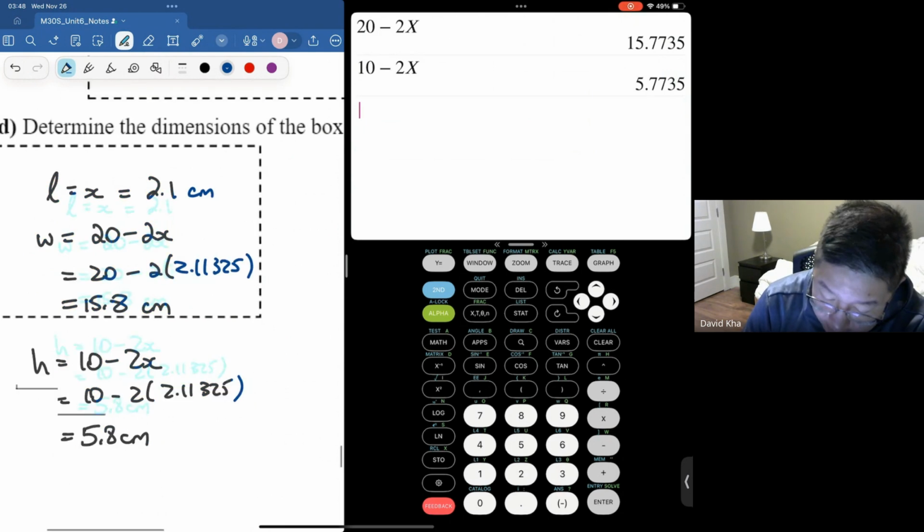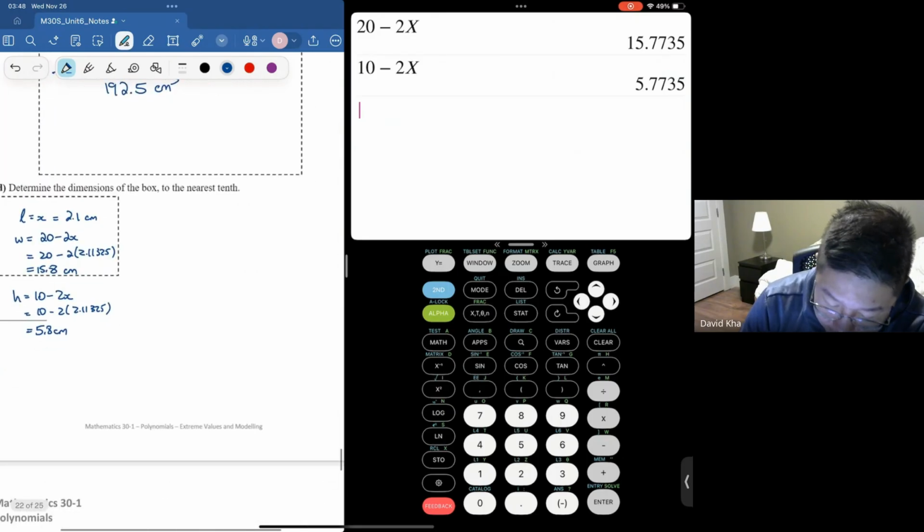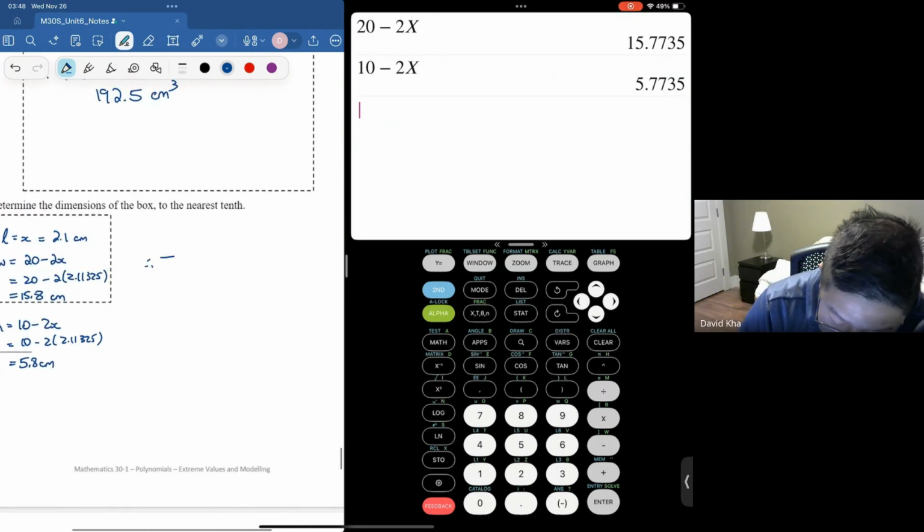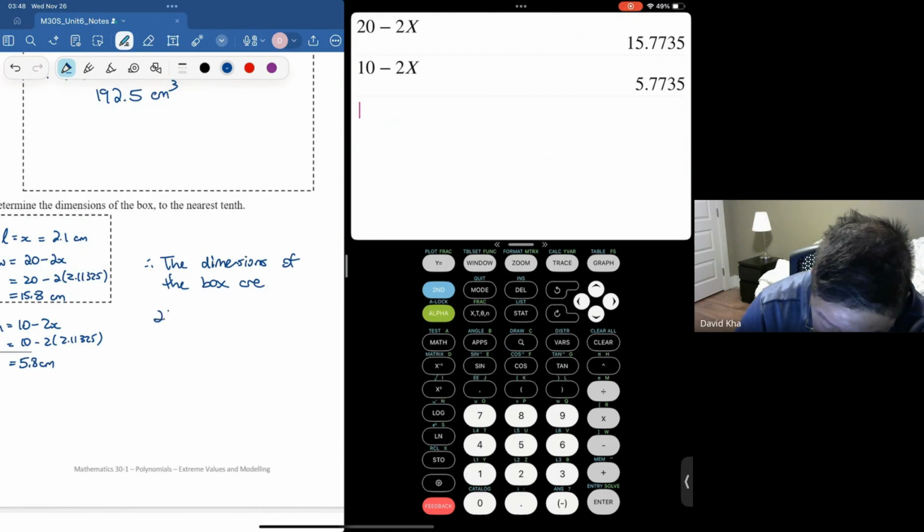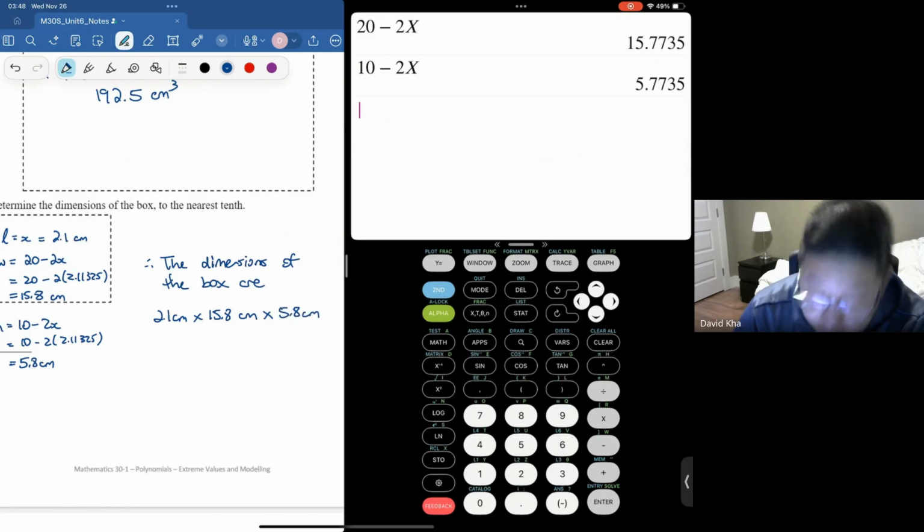You might make a little concluding sentence, something like, therefore, the dimensions of the box are 2.1 centimeters by 15.8 centimeters by 5.8 centimeters.